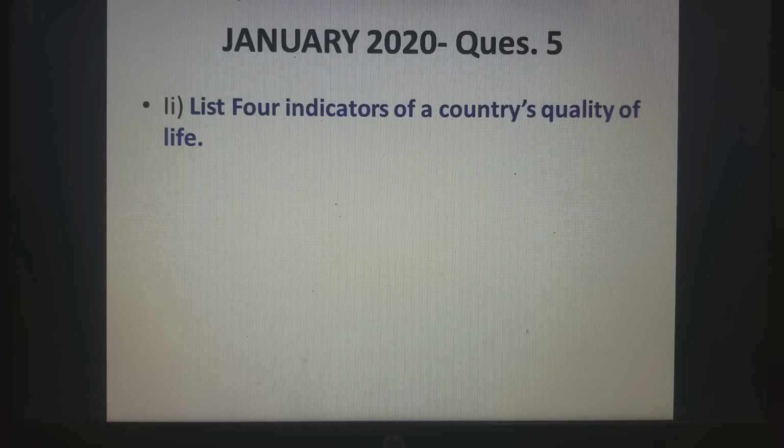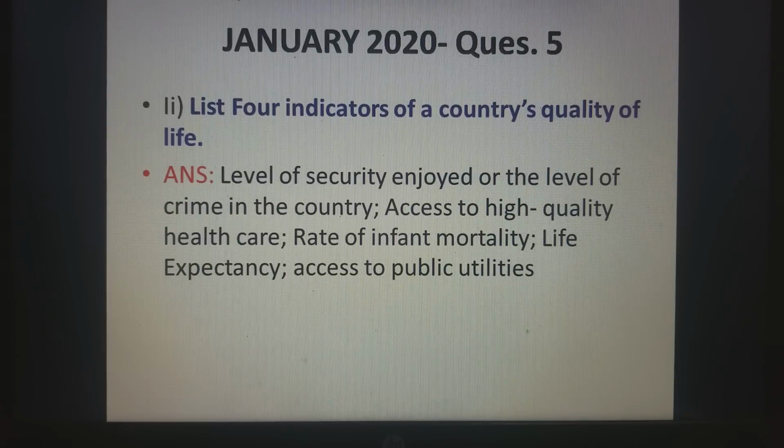Next part of the question said list 4 indicators of a country's quality of life. 1, level of security enjoyed, or the level of crime in the country.